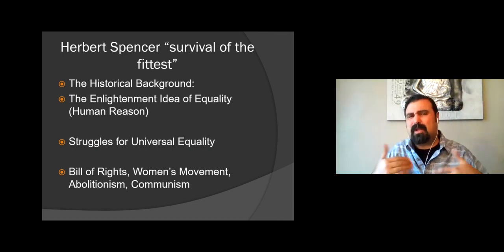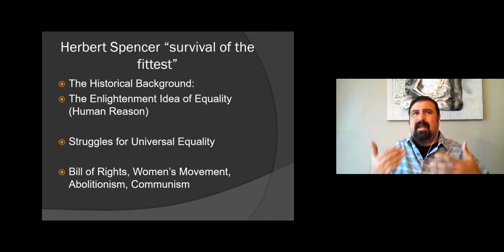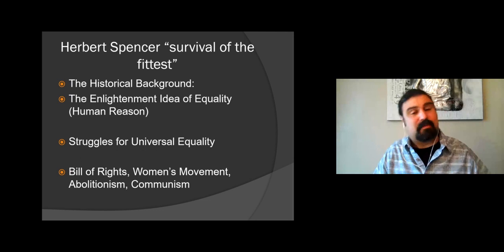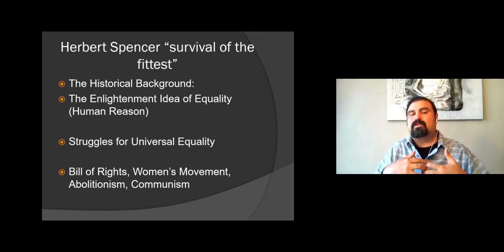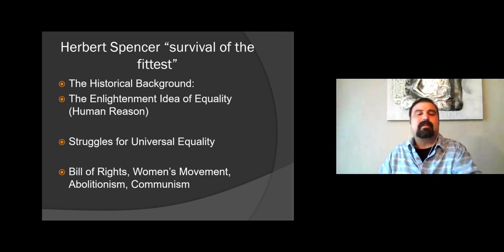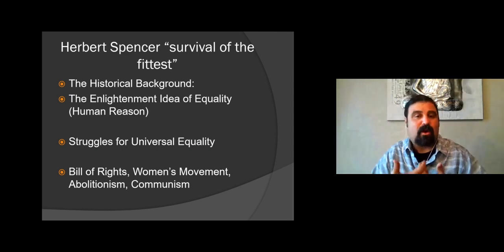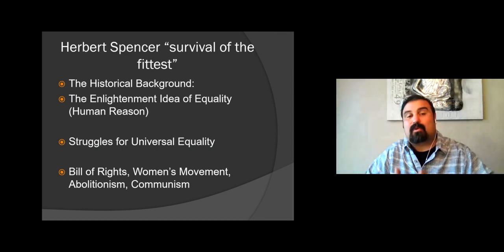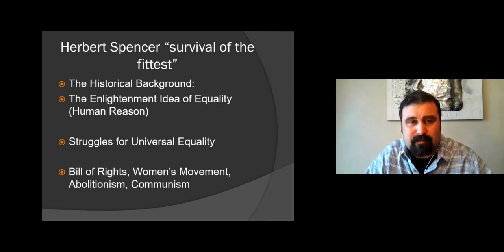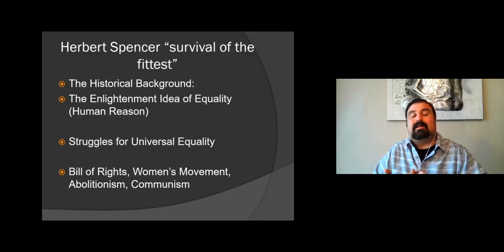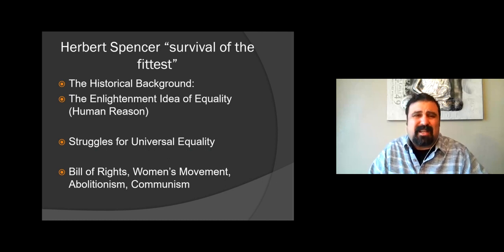Again, this is really an attempt by intellectuals, some scientists as well, but also some political and economic groups, to counter the argument that was gaining a lot of momentum that was coming out from the Enlightenment, again, the argument that came from Europe during the Age of Enlightenment.